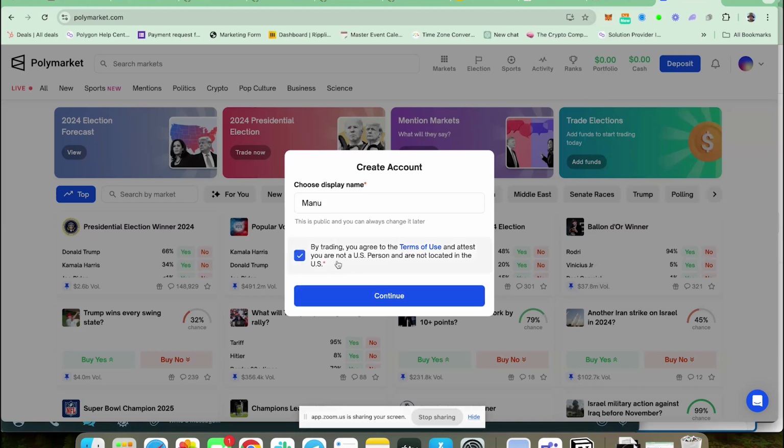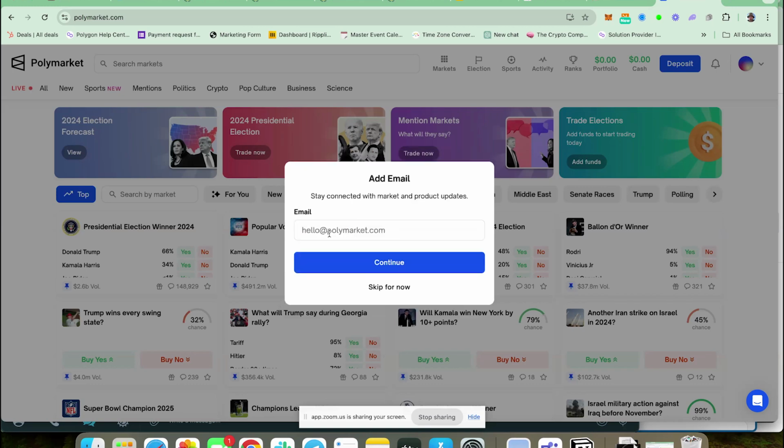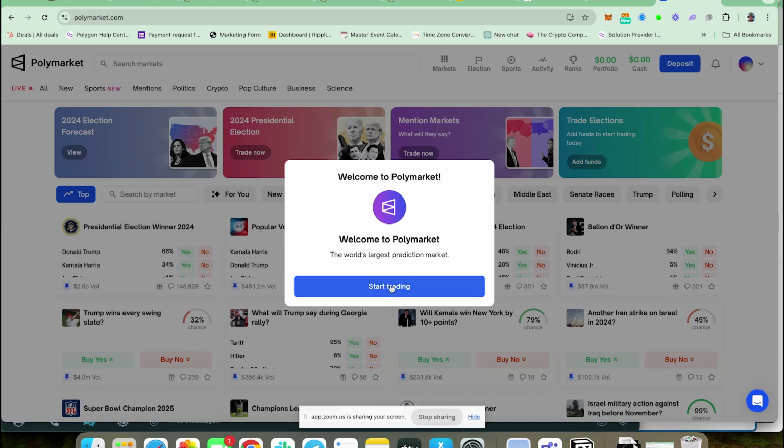And I agree that I'm not a US person because, as you know, in the US... Okay, skip. I don't want to put my mail and start trading.